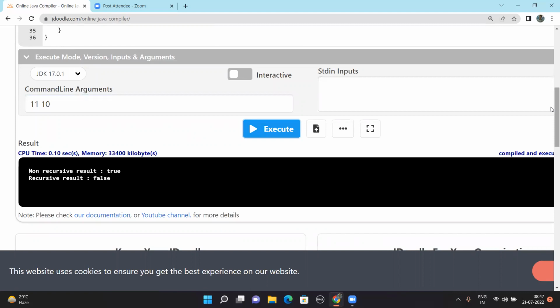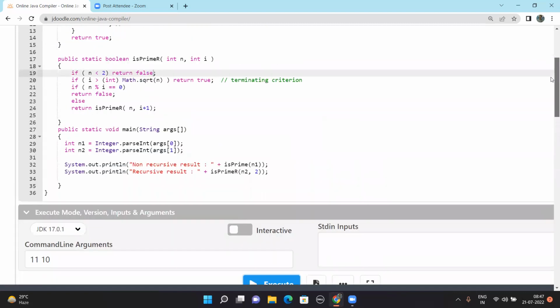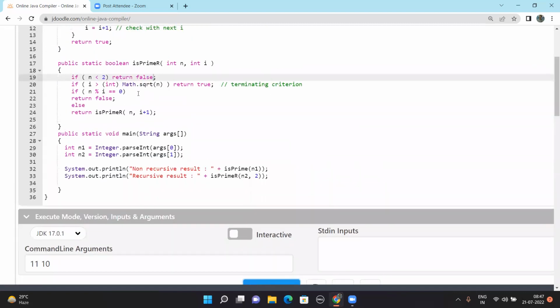Okay. So I hope you understand it. First, you try with the initial value. And then you try with the next value. How long will you go? You will go up to this.